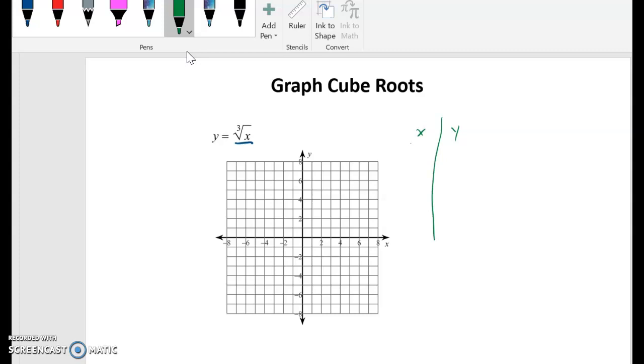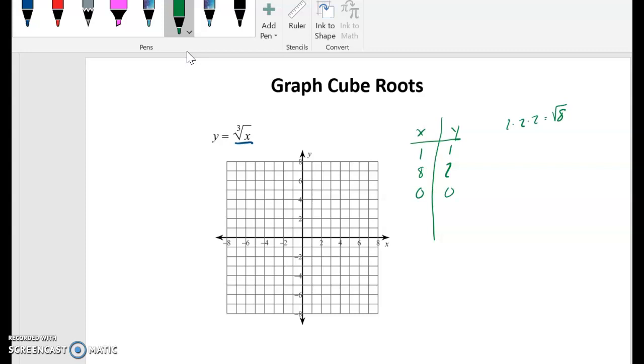Because I know what this looks like, I know what values I want to use. I need values of x that actually have a cube root. So if you think about 1 times 1 times 1 is 1, so the cube root of 1 is 1. 2 times 2 times 2 equals 8, so the cube root of 8 is equal to 2. 3 times 3 times 3 is 27, but 27 is a little too big for our graph, so I'm going to go to 0.